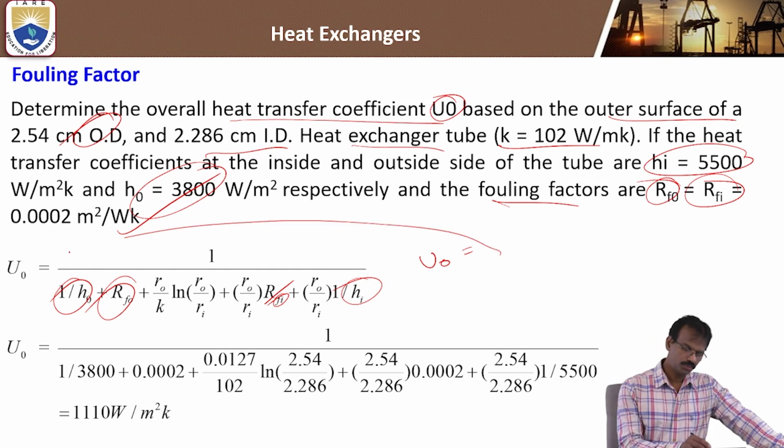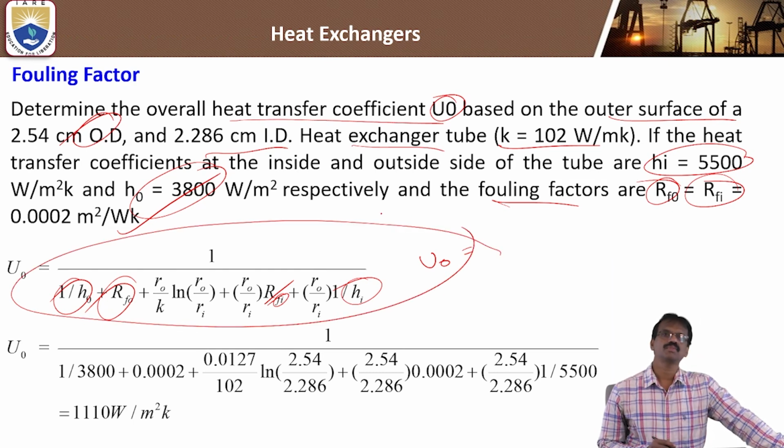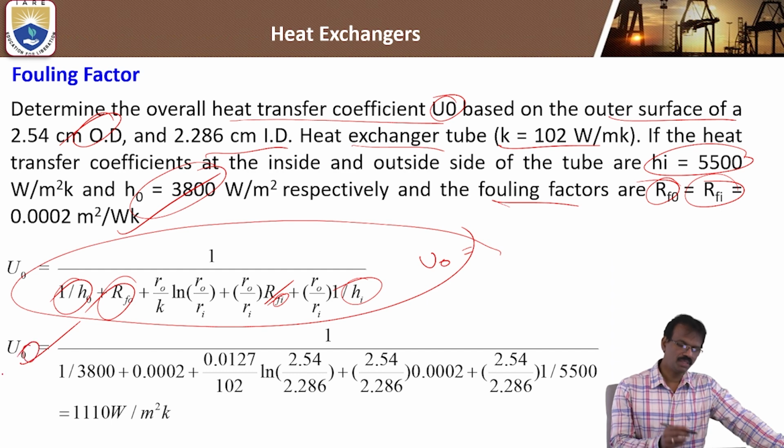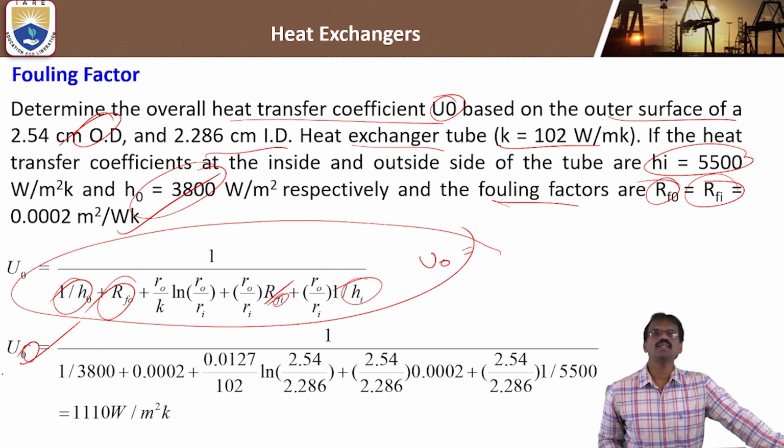If you substitute all the values here, then you can find the overall heat transfer coefficient with respect to the outer surface. In a similar way, you can find the overall heat transfer coefficient with respect to the inner surface also.